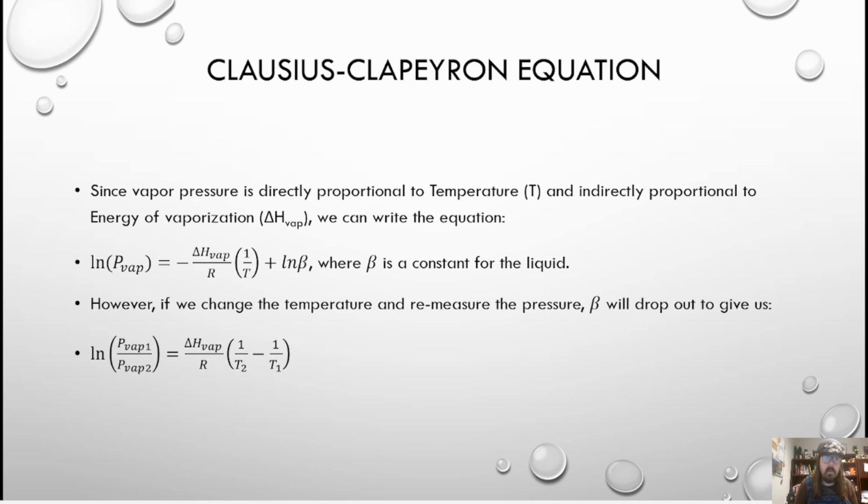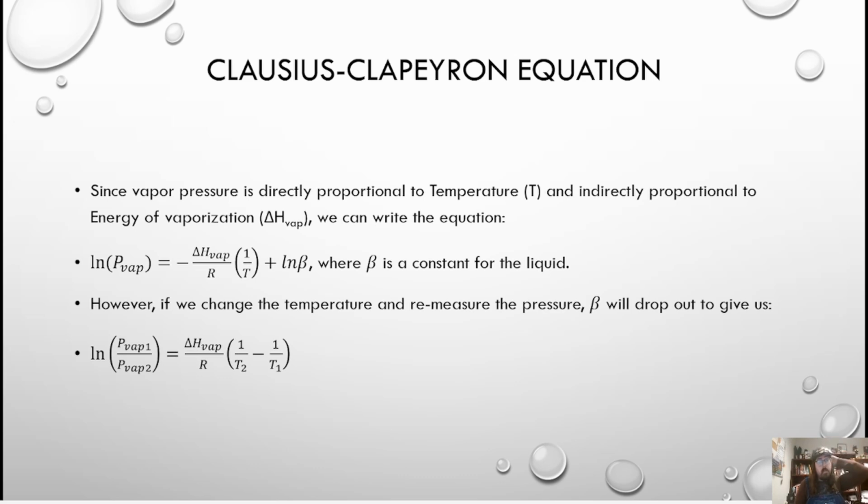Now, this right here is a graphical equation we can do. However, if we change the temperature and remeasure the pressure, our beta will drop out. The beta will fall away.